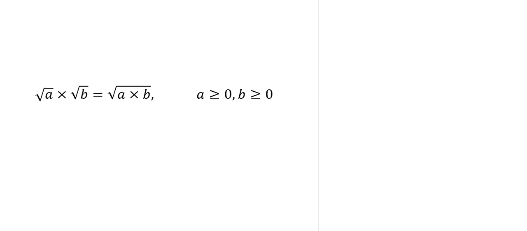So this is handy as it shows us that we have this nice little law here to use. We know that the square root of a times the square root of b is equal to the square root of a times b, where a and b both must be greater than 0. We know that with the square roots here, we cannot have a or b be a negative value. So a and b must be greater than 0.